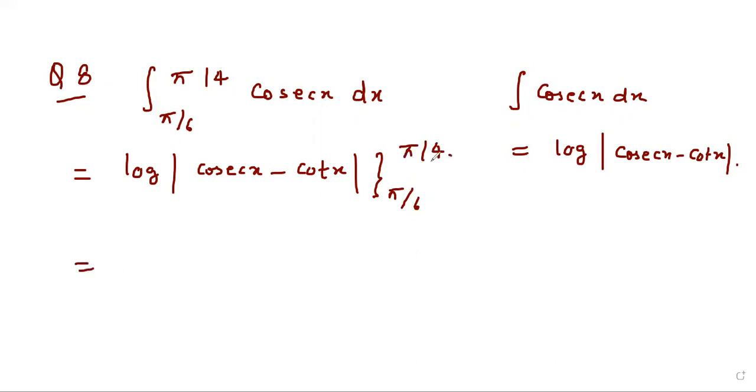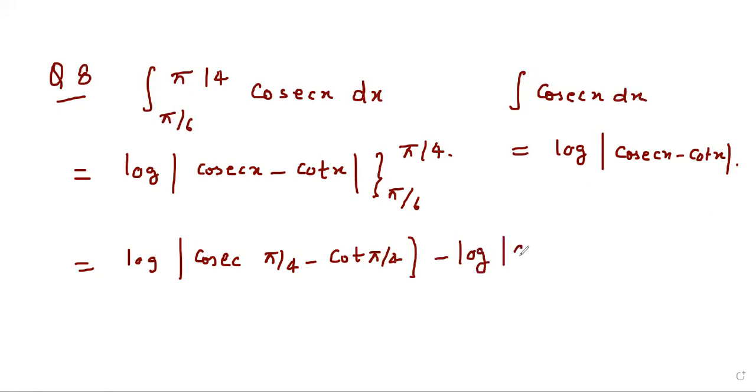So we first put pi by 4. So log cosec pi by 4 minus cot pi by 4 minus log cosec pi by 6 minus cot pi by 6.